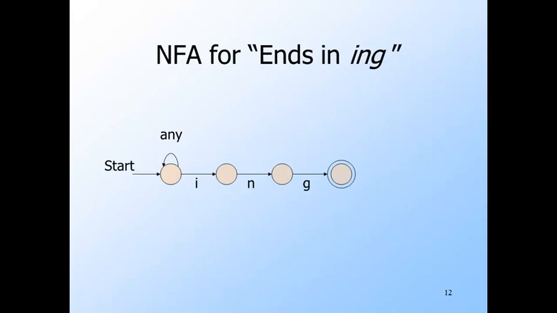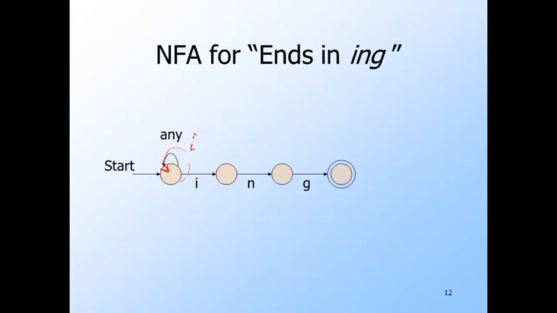Here is an NFA. Essentially, it guesses when it has seen the I that begins the final ing. Thus, even on an input like the first I in skiing, it can remain in the start state. That is, it can go from the start state to itself on an I if it likes. And in fact, it always does, because the NFA always does everything.